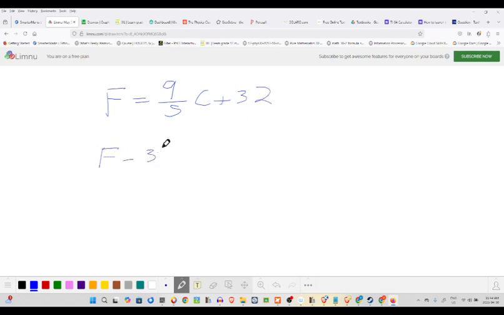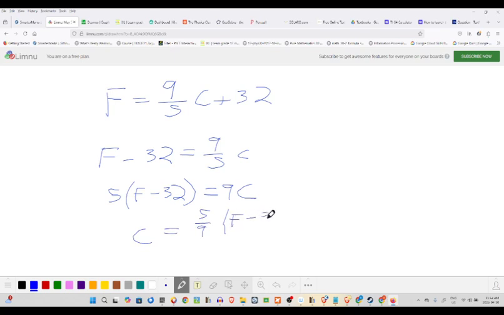Fahrenheit minus 32 is 9 over 5C. Times 5, Fahrenheit minus 32 is 9 times Celsius, and our Celsius temperature then becomes 5 over 9 times Fahrenheit minus 32.